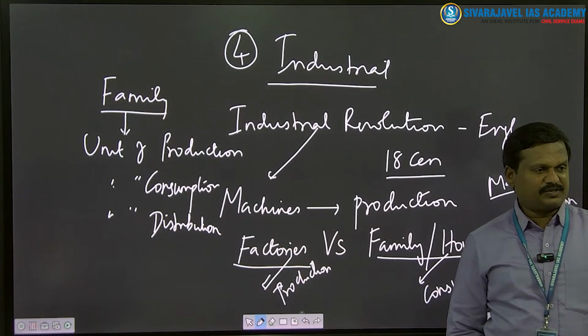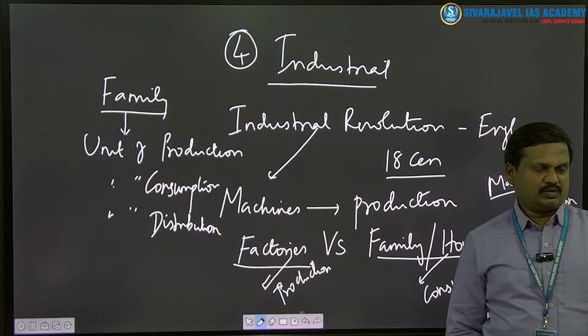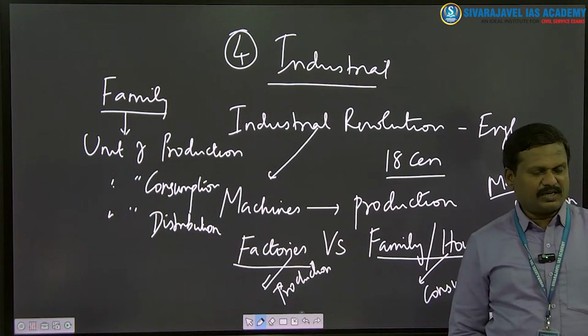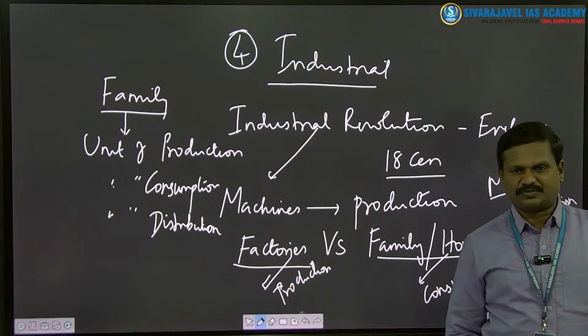So this separation between factory and family takes place. So you have to go to the factory, work there for 8 hours, come back home. For working in the factory, you will be paid a salary, and you have to start living with that salary, run your family, rear the children, so on and so forth.